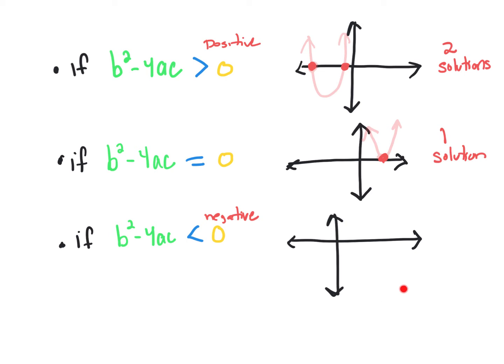But what I do know is that there is no real solution to this. There's no x-intercept, there's no root that we can look at in the real number system. So what it looks like is something like this. It doesn't cross over the x-axis.